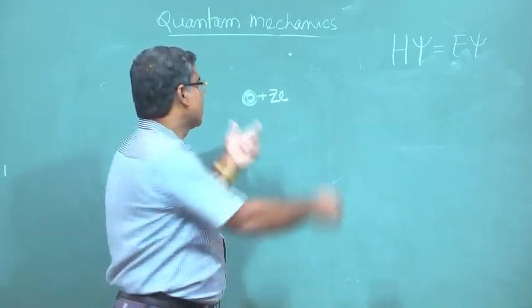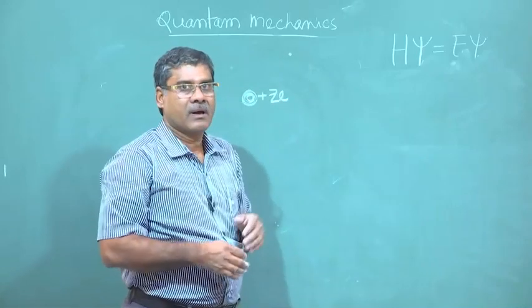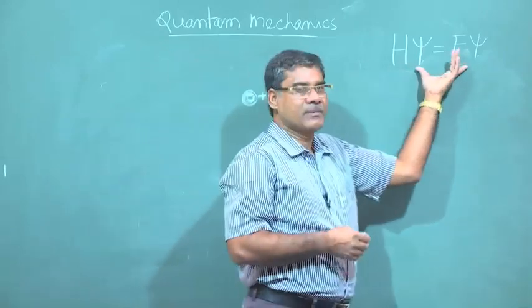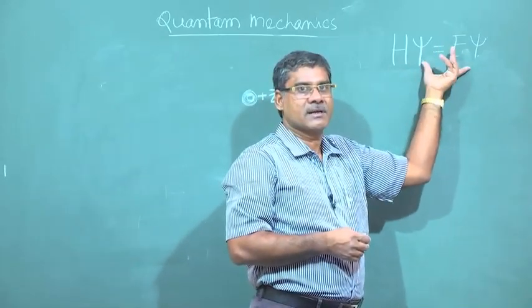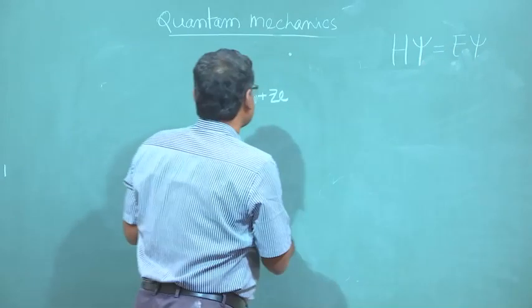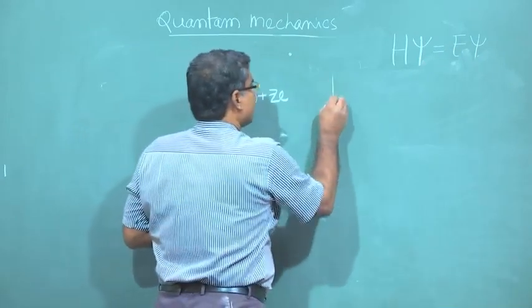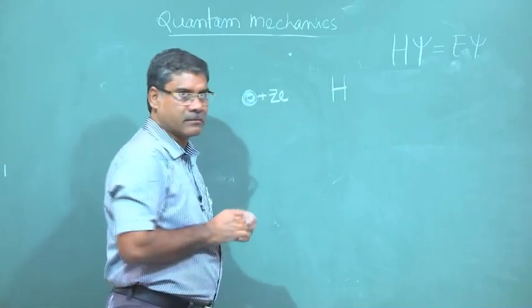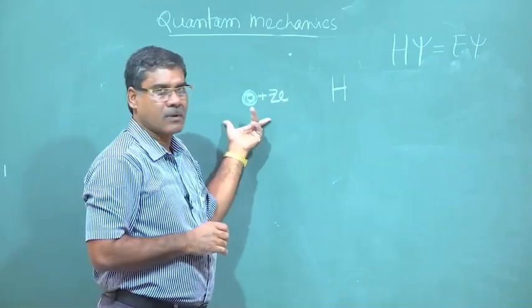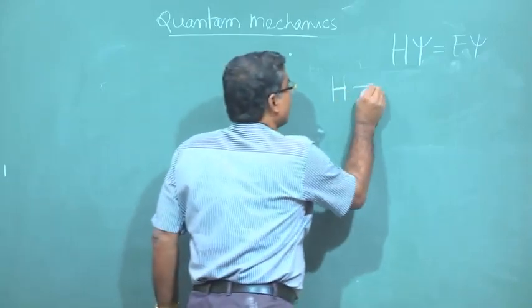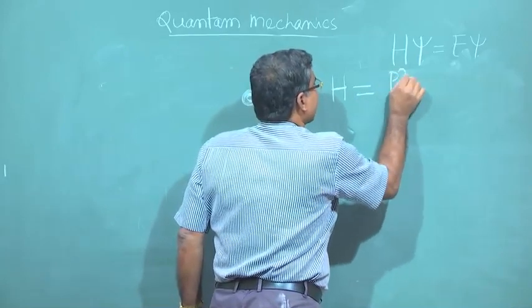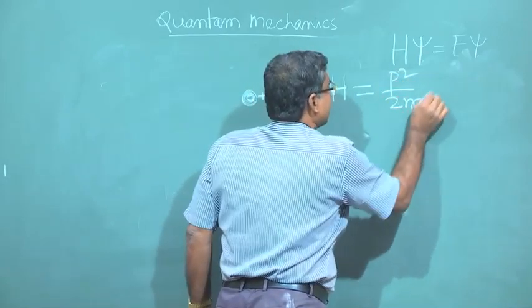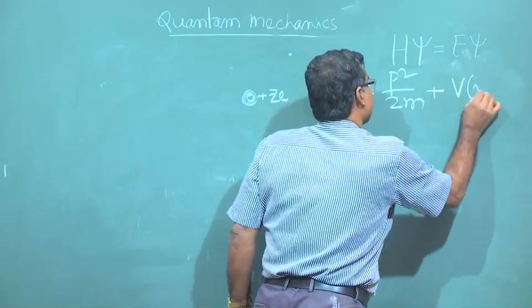We will start from the Schrodinger equation. For this I have to develop the Hamiltonian for this problem. The Hamiltonian is all the time p squared by 2m, the kinetic energy, plus the potential energy.